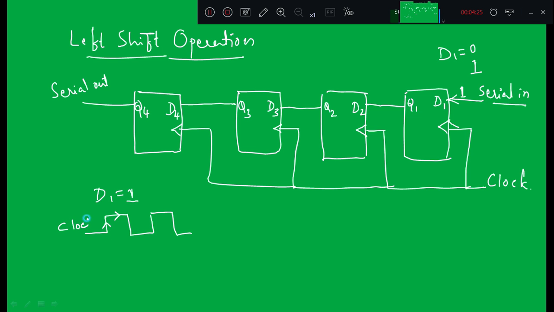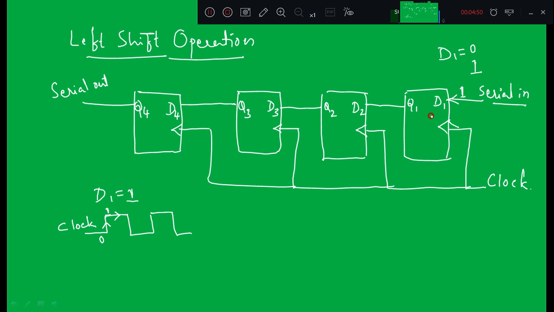Let us say this is the control input, that is clock. When the rising edge occurs, when will we get the rising edge? When the clock changes from 0 to 1, right? So when it changes from 0 to 1, we will get a rising edge, and this edge is applied to the first flip-flop. And if we keep D1 equal to 1, what happens? That particular data which is equal to 1 will be loaded in first flip-flop.